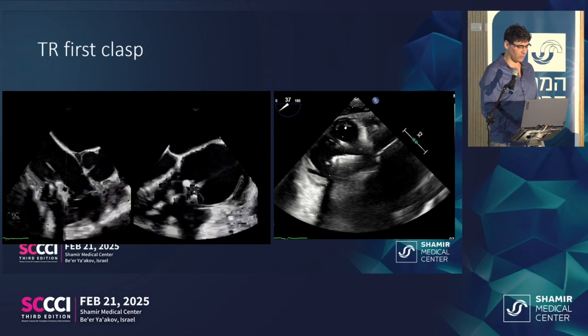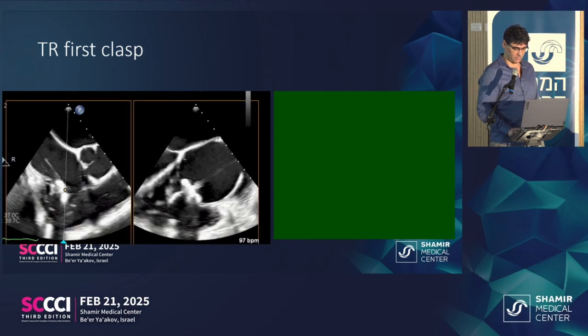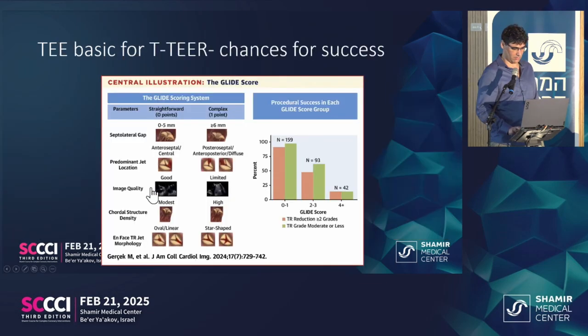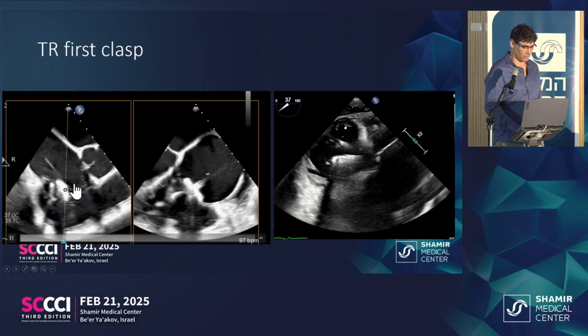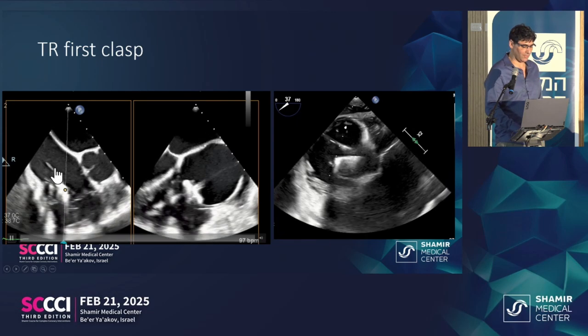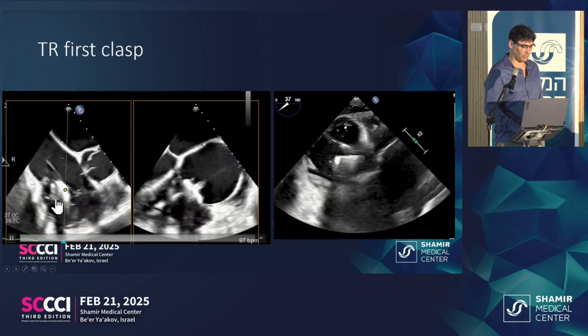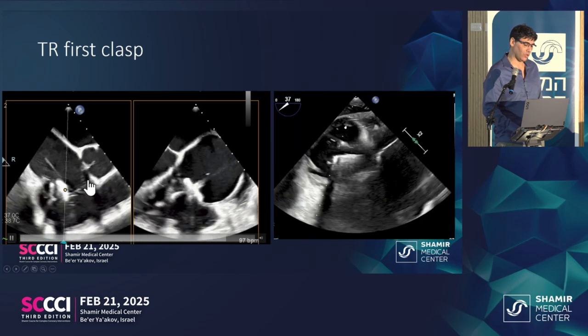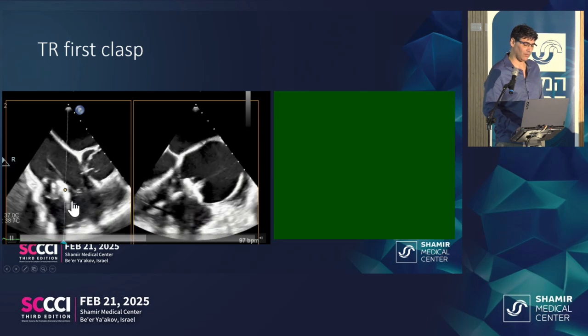So let's start. This is the RV inflow-outflow. Here is a lead in the posterior way, and this is our clasp going towards the anterior leaflet.